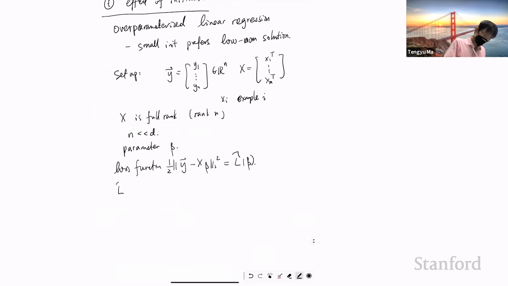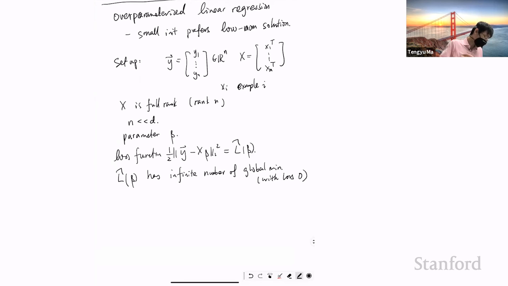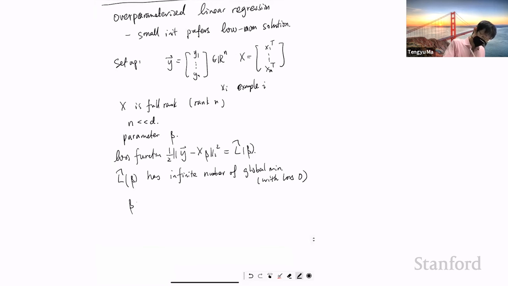And indeed, L hat of beta has an infinite number of global minima, and we can characterize exactly what the global minima are. All the global minima have loss 0. So what are they?